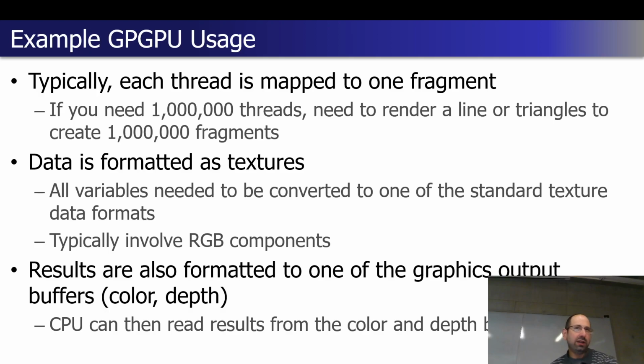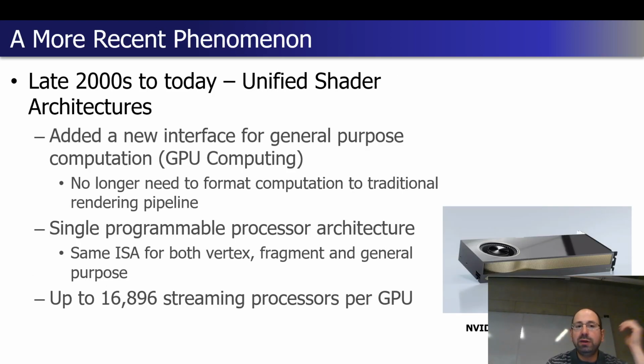I have outputted my render to a color buffer or a depth buffer or some particular buffer in my system. Now I have to read that back out and get some conversion function from that to the actual data output I am interested in. But that was GPGPU, and there was still quite a motivated community working on that.